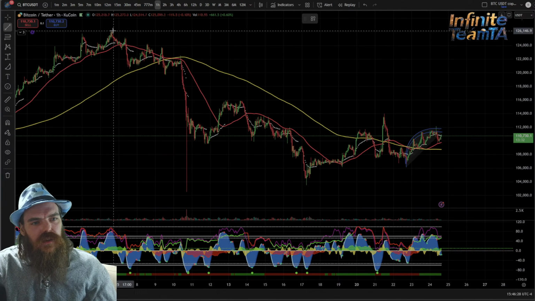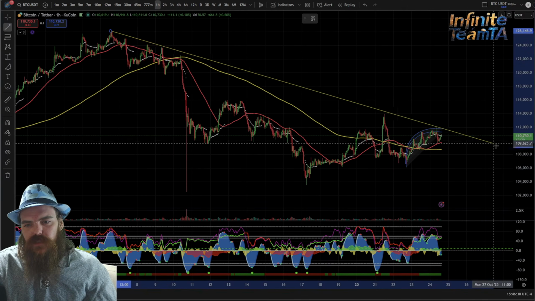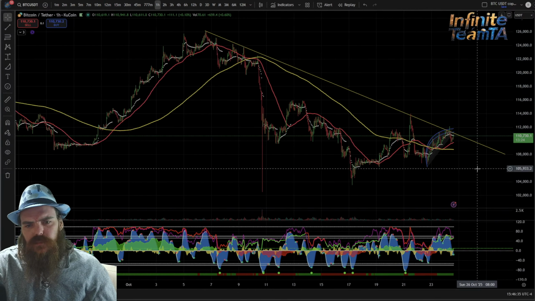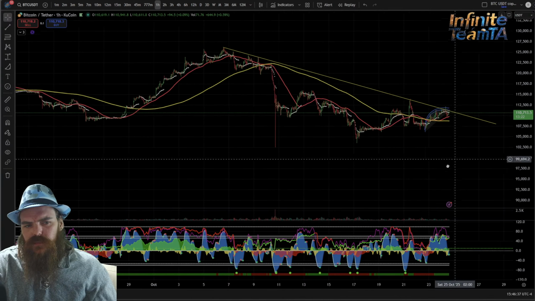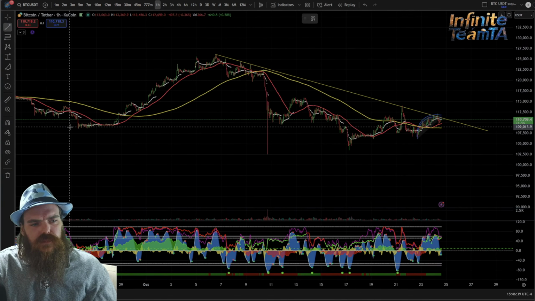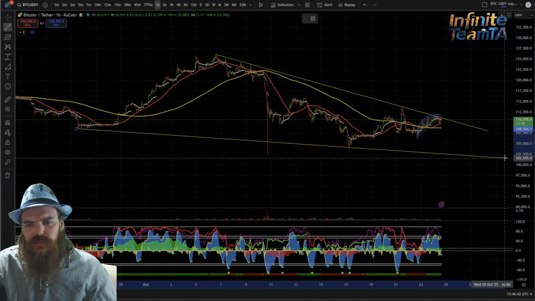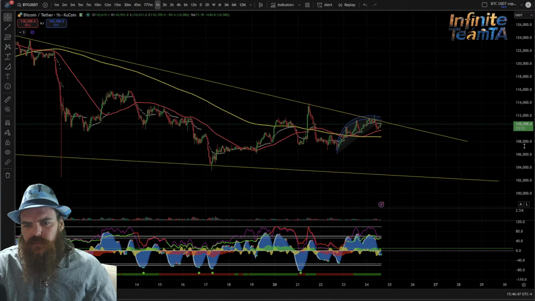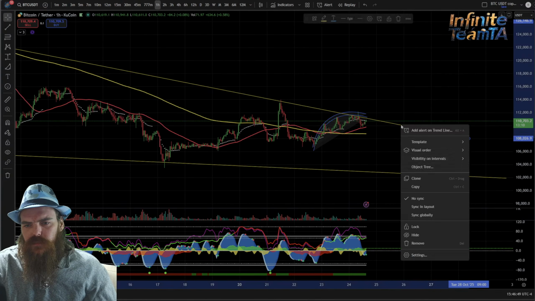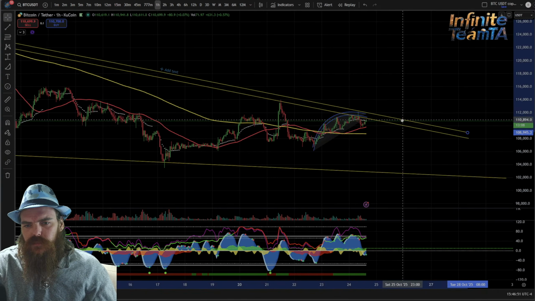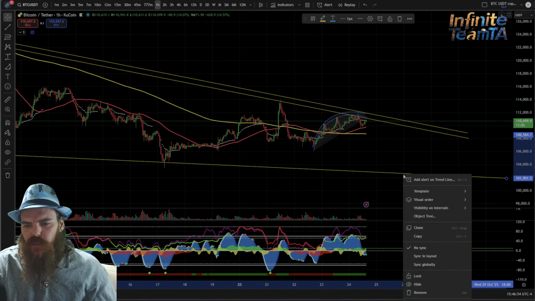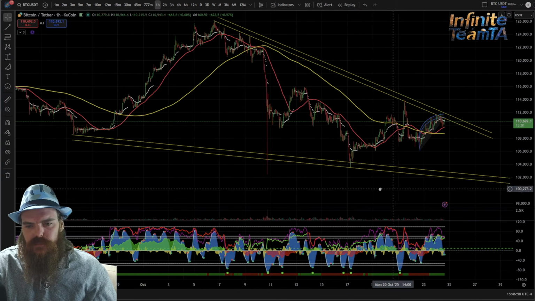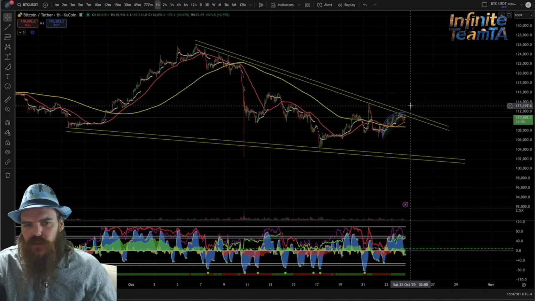We're also going to consider this and this. We can clone our top and our bottom line and pull it down to a lower wick to give us a range of our pattern.